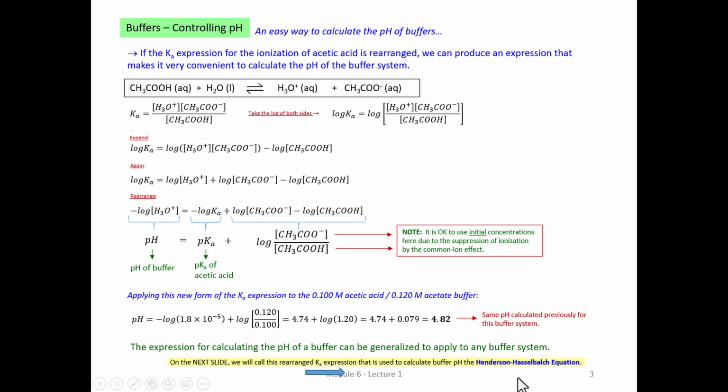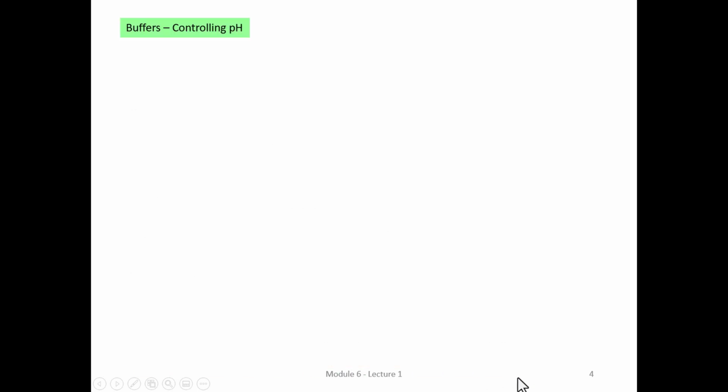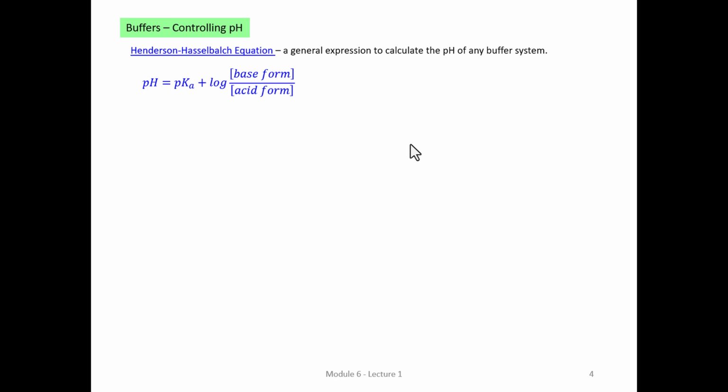So this Henderson-Hasselbalch equation, as I said before, is a general expression used to calculate the pH of any buffer system. And the general form would look like this. The pH of the buffer equals the pKa of the acid form plus the log of the ratio of the base form divided by the acid form of the buffer.